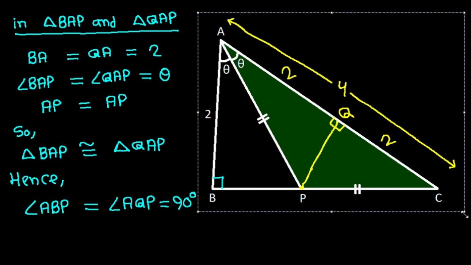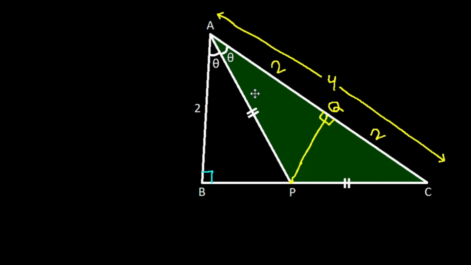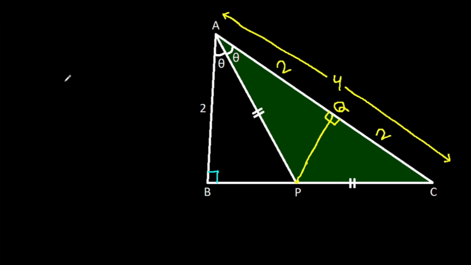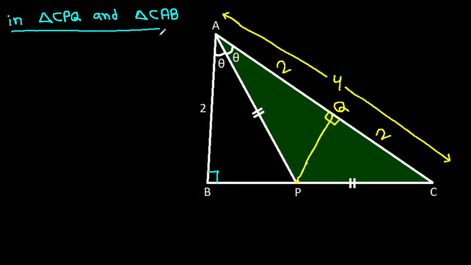And in triangle CPQ and triangle CAB, one angle is 90 degrees and one angle is common.